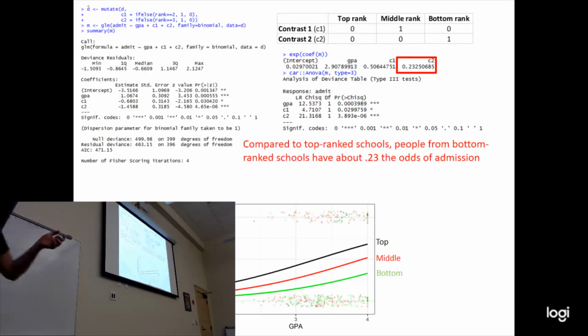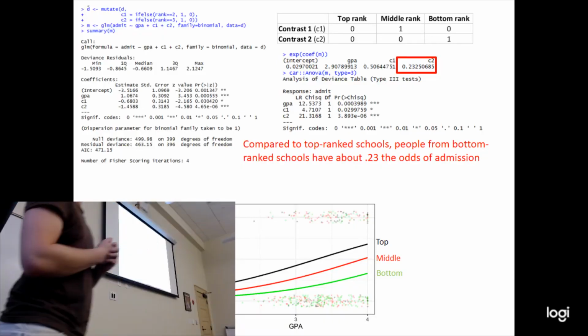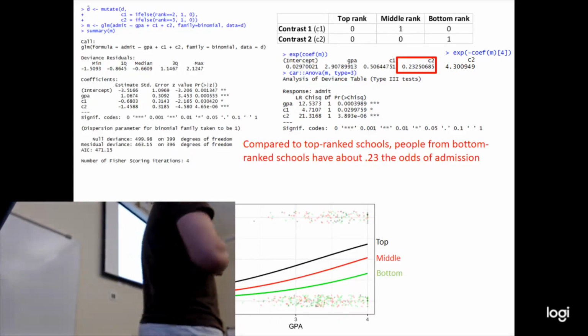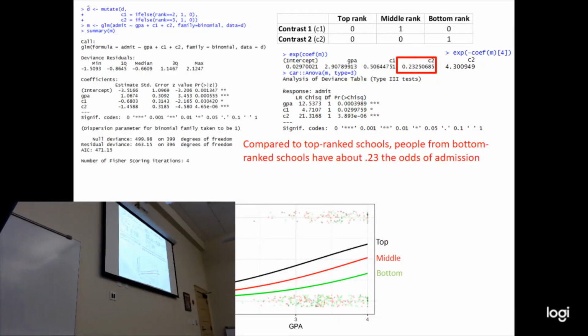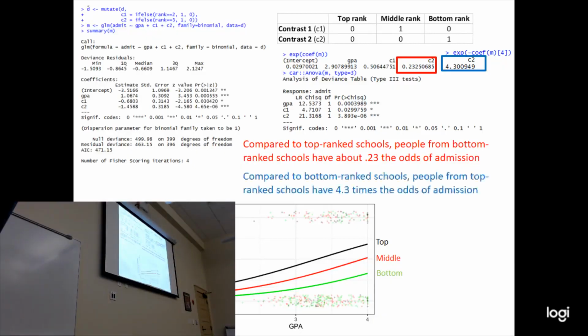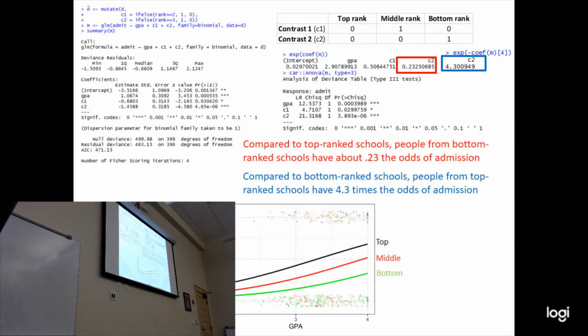Yeah, so the little words that I put around this are very similar to what you just talked about. And with this last coefficient too, I can do this little mathematical trick if I want to talk about how the odds increase if you go from bottom to top ranked schools. So this number right here means compared to bottom ranked schools, people from top ranked schools have about 4 times the odds of admission.